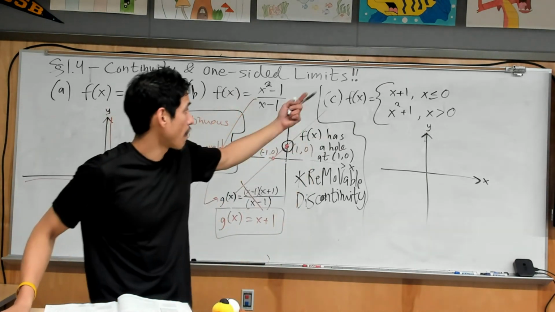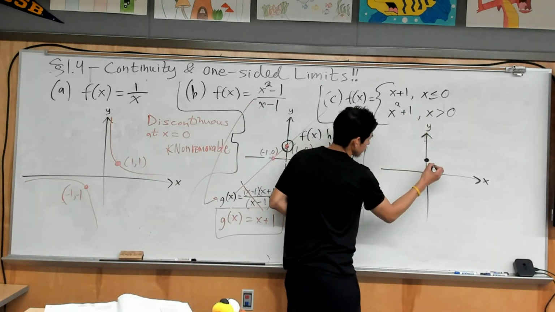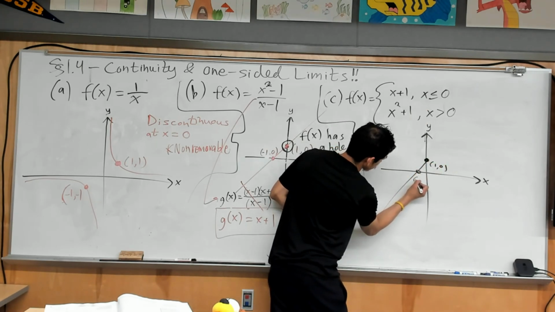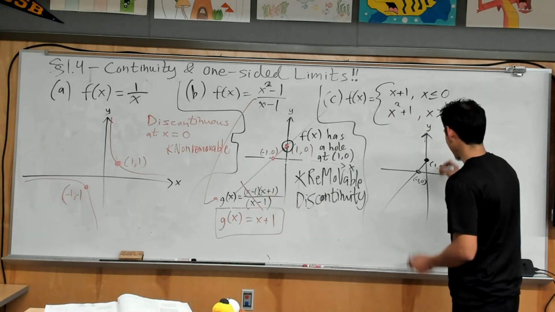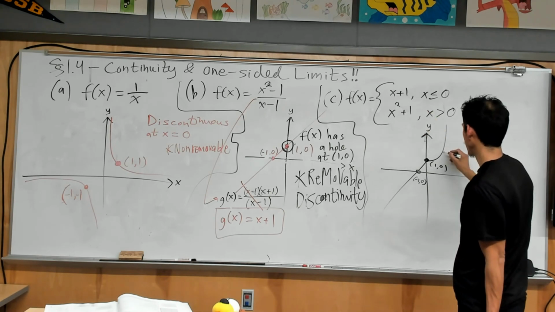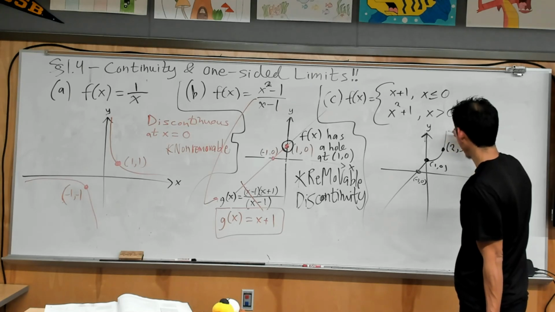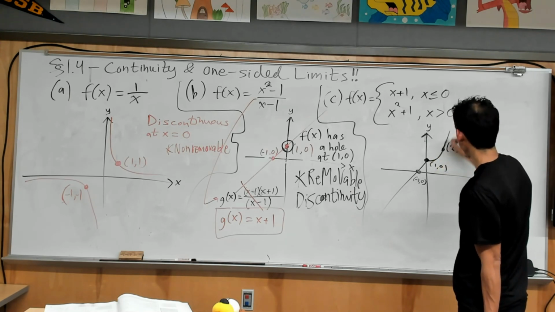So this would be a straight line up to 0, and after that, it'll be a parabola. So 2, 5, right? That sort of thing.